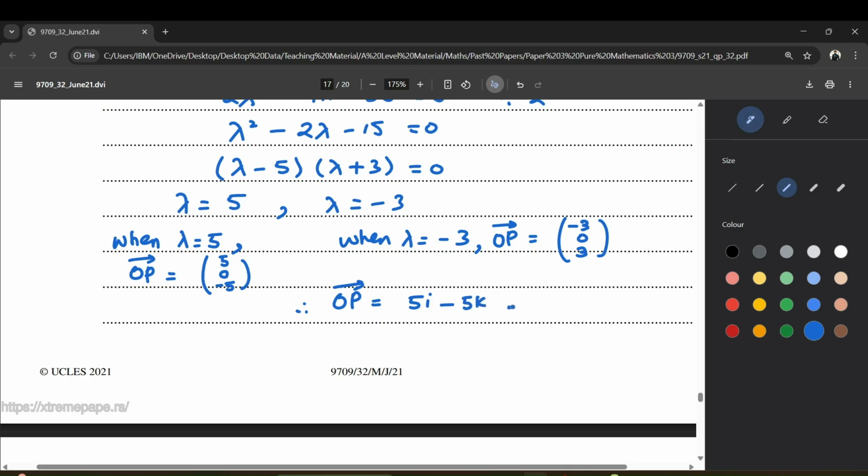That's my first one, and this should be underlined. Or vector OP could be minus 3i plus 3k. So these are your possible position vectors.